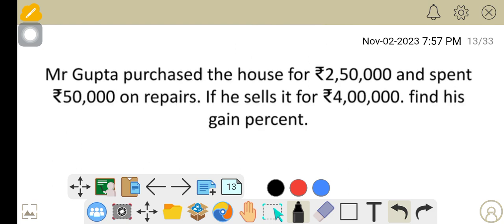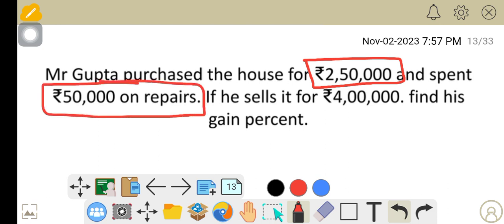Now the next question, Mr. Gupta purchased the house for 2,50,000 and spent 50,000 on repair. He has already spent 2,50,000 and again he is going to spend 50,000 on repairs. So overall, how much money has he spent on the house? He has total 3 lakh rupees spent on the house.